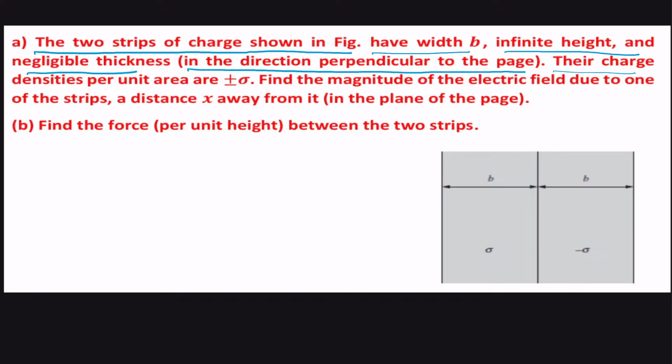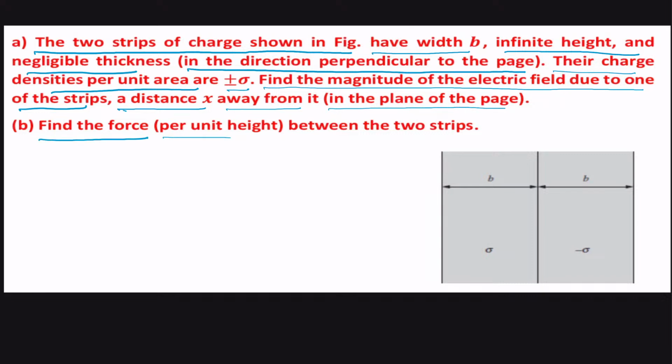Their charge densities per unit area are plus minus sigma. Find the magnitude of electric field due to one of the strips at a distance x away from it in the plane of the page. Part B, find the force per unit height between the two strips.